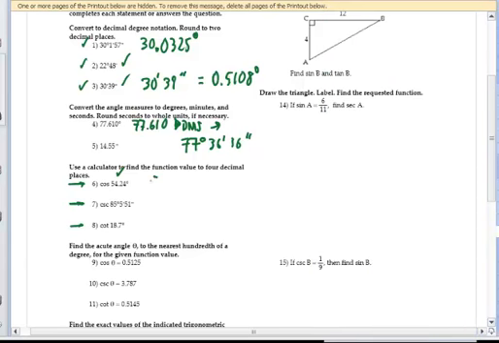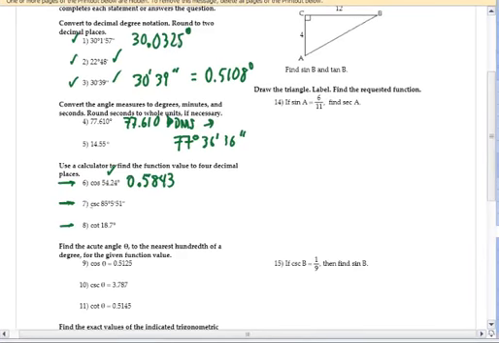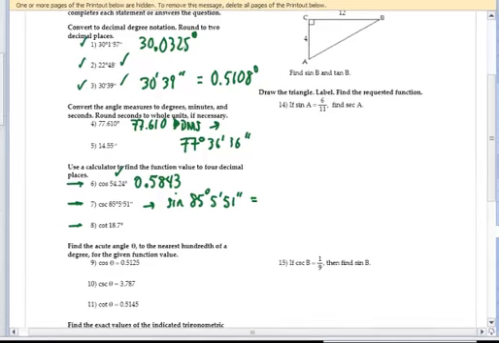That's 0.5843, which would be our first ratio, but for the second ratio, I first have to consider what the sine of 85 degrees, 5 minutes, 51 seconds is, and then I'll take the reciprocal of that.